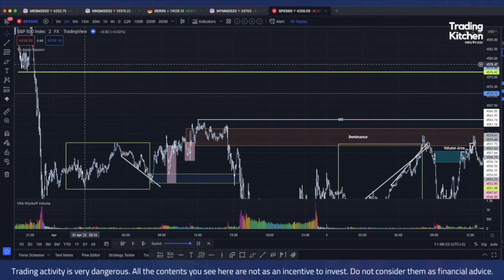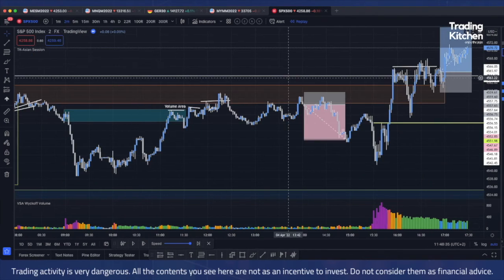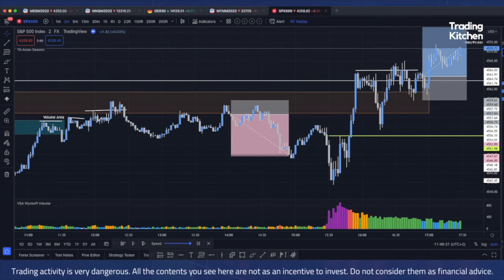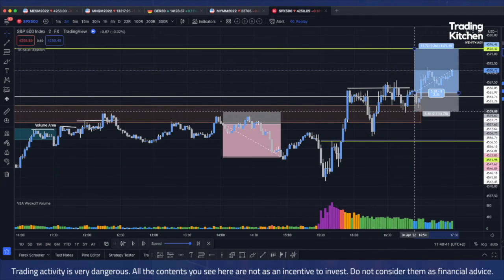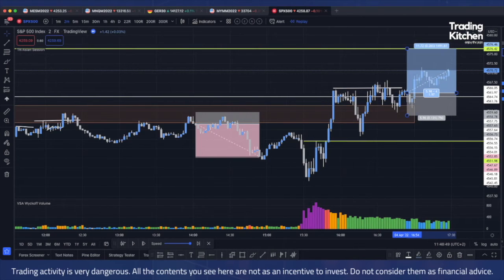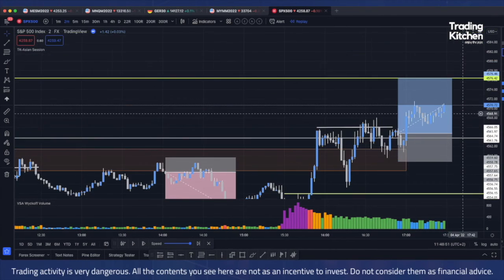It's an inefficiency. I'm not convinced to take this trade, to be honest, because the stop loss will be at least here, and the risk reward will be at least 3.